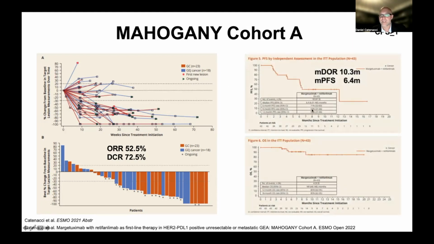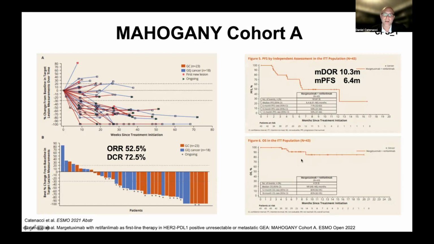On the right here, we see the median progression-free survival, which is pretty remarkable with no chemotherapy, and really remarkable overall survival with no chemotherapy, with just margetuximab and retifanlimab.